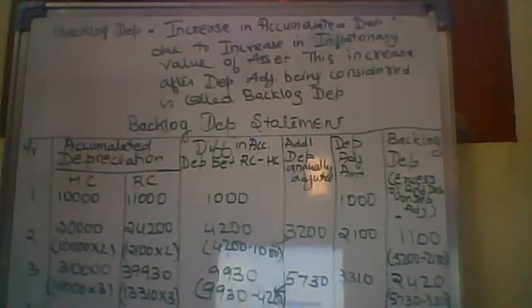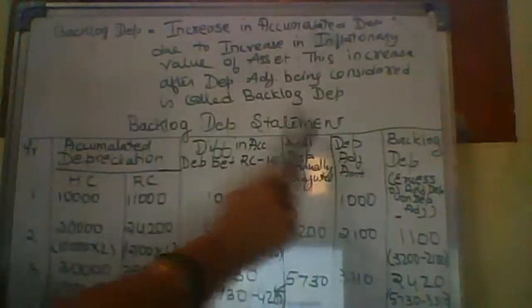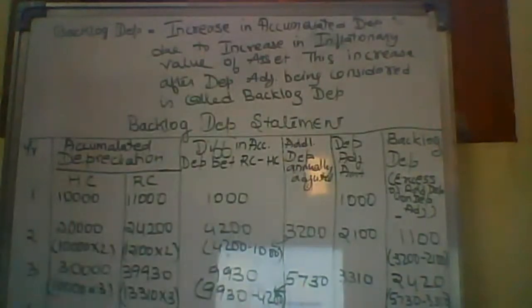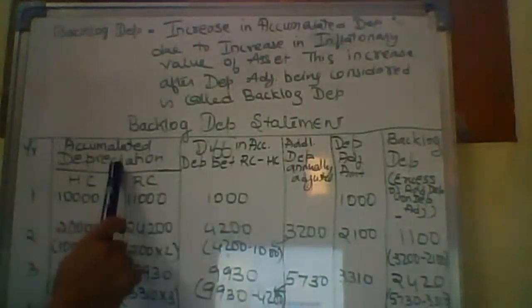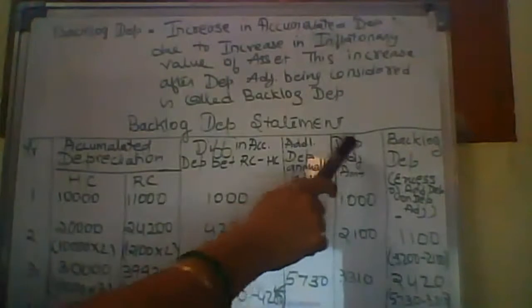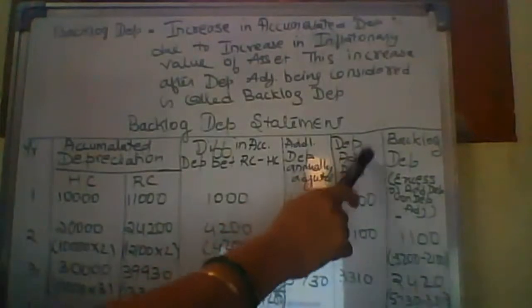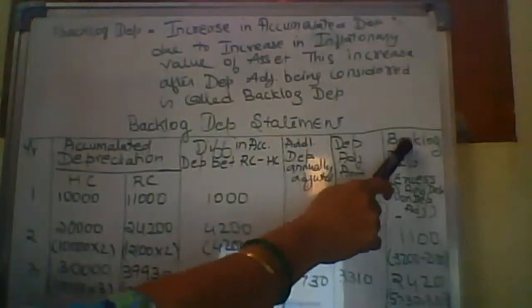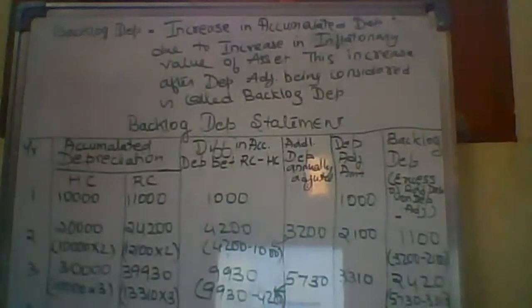So first I have to calculate the statement. In that, what I should do? I should do accumulated depreciation, then find out what is the increase, right? What is the difference? What is the increase minus the depreciation already adjusted? If there is an excess depreciation, that will be your backlog depreciation.